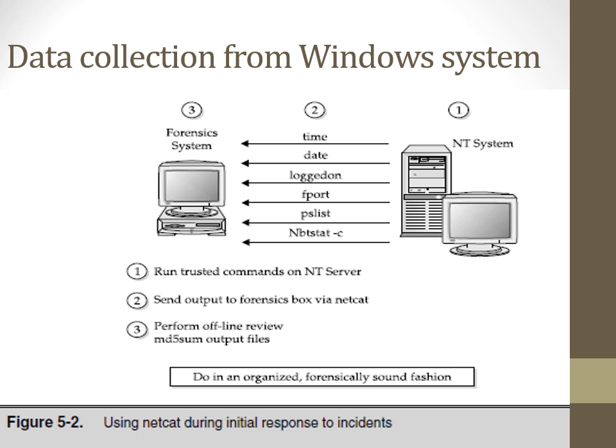So you will discover that usually when we collect the system date or time when we start the investigation process, the third thing that we need to do is perform an MD5 sum, or a checksum, whereby we are getting all the hash values of the initial response toolkit.